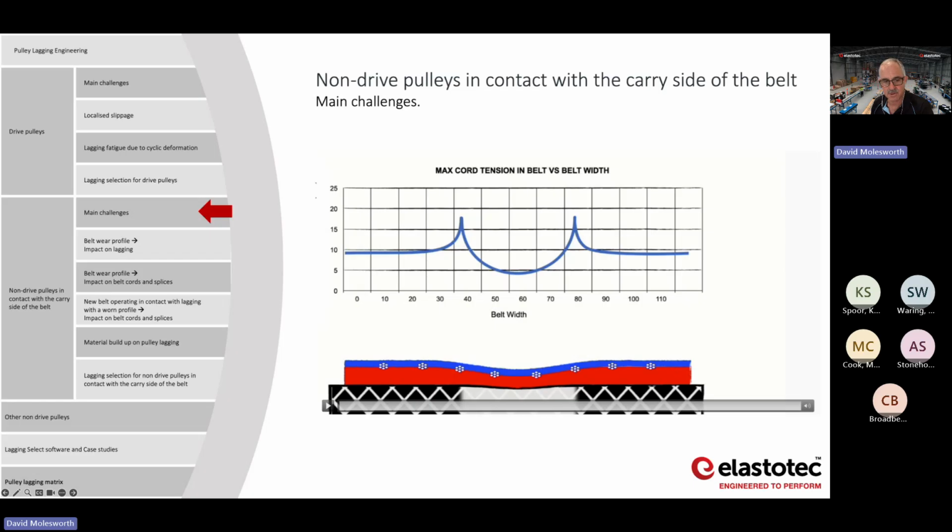And this is caused because as the belt cover wears, the cords in this area are traveling a different distance to the cords out on the edge. And that creates these localized shear stresses. So you've got these points of high shear, and then in the center you've got a point of low shear. And we're going to have a look at what that does to the lagging.